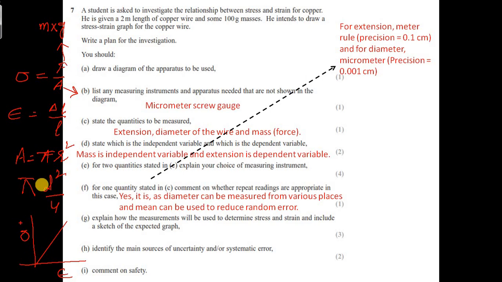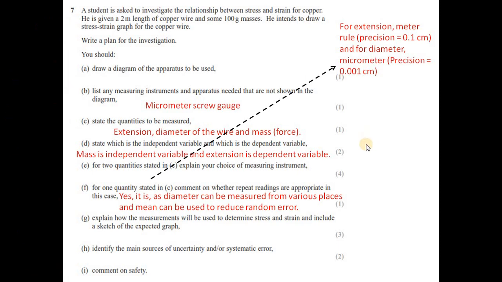That's how we can use our data set or our values in investigation. H, identify the main sources of uncertainty and/or systematic error.